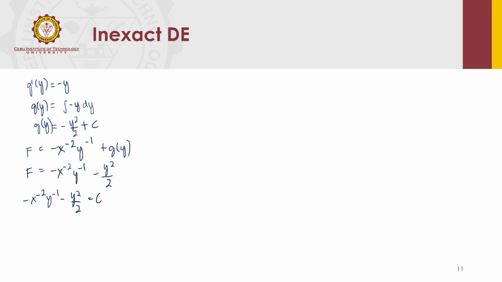Or if we're going to remove the negative exponents, and also the 2 in the denominator, we multiply it by 2, and I don't want the negative signs here, so we multiply by negative 2. Then we remove x to the negative 2, so we multiply it by x squared, and for y to the negative 1, multiply it by y.